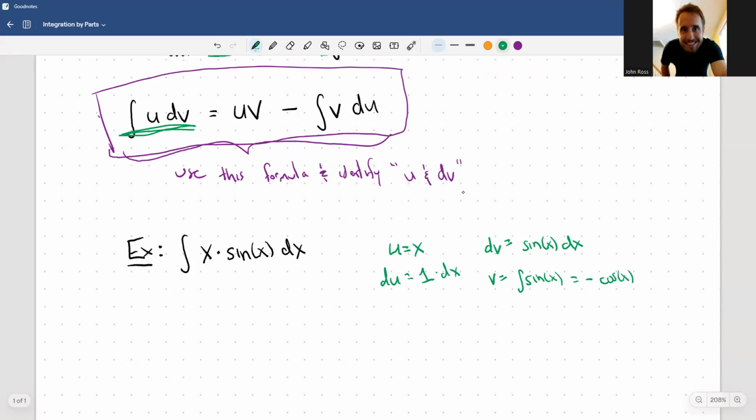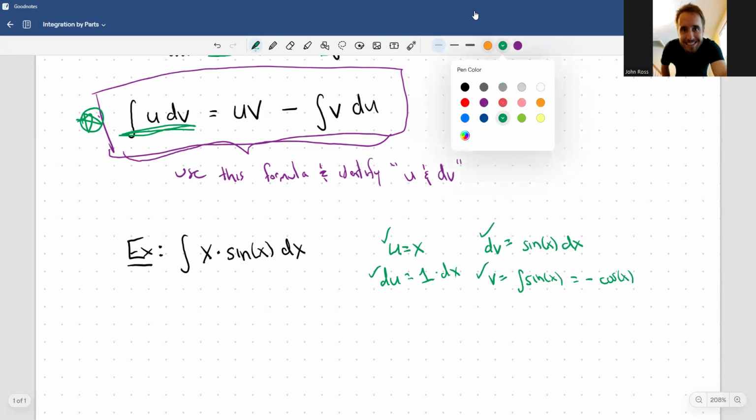Again, I could include a plus c here, but I'm going to skip that for now. We'll include a plus c at the end of this process. But now, with this choice of u and dv, I have an expression for du and an expression for v, and I can use the integration by parts formula that I have up here.